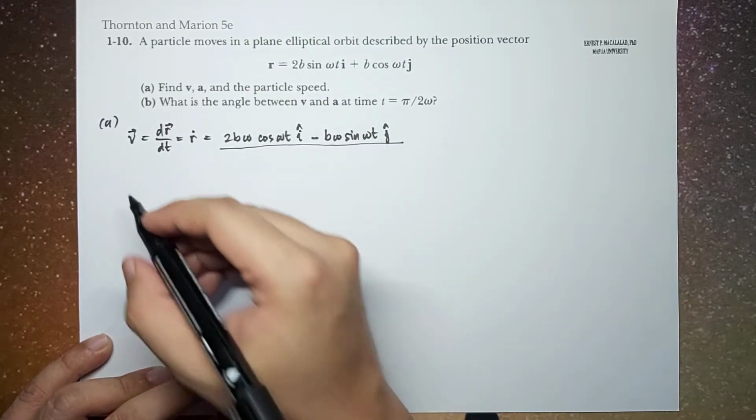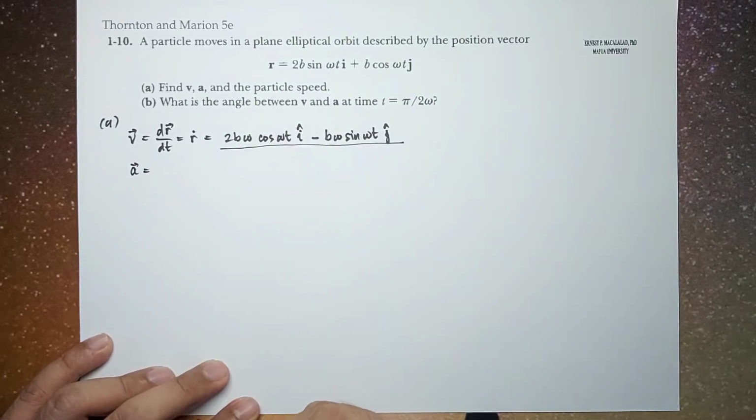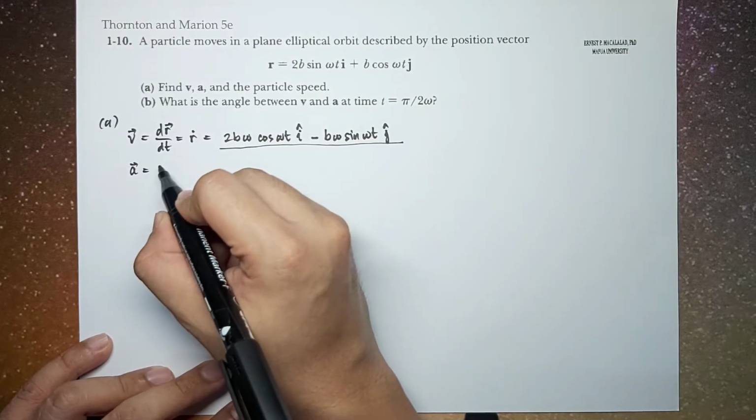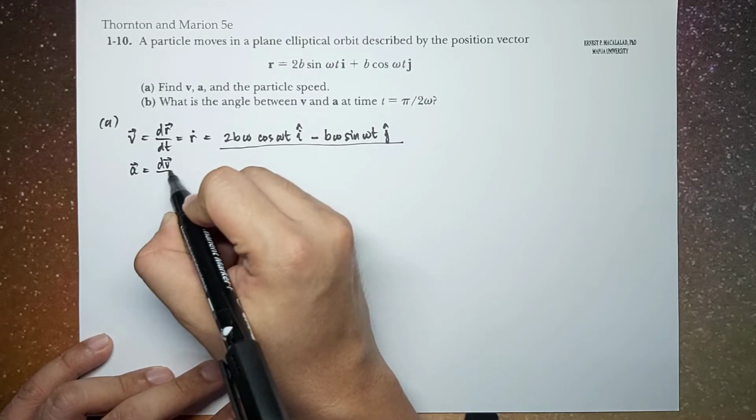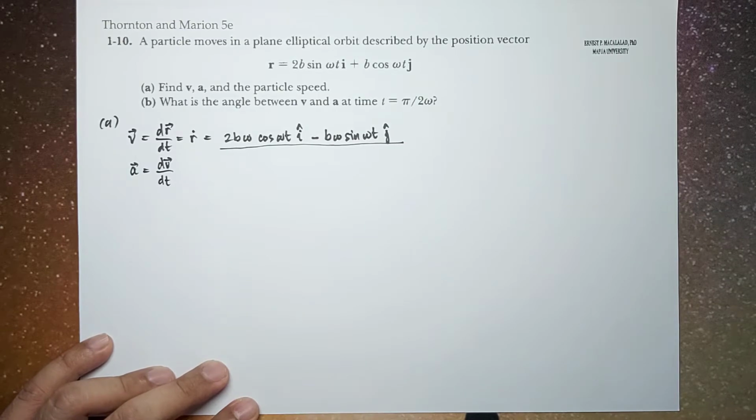Similarly, we can get the acceleration vector by differentiating the velocity vector we derived earlier.